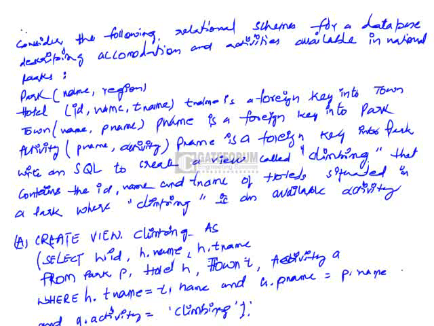So this is the given information, and here we have to write an SQL query which creates a view whose name is climbing, and the required attributes in that view are ID, name, and tname of hotels situated in a park where climbing is an activity.